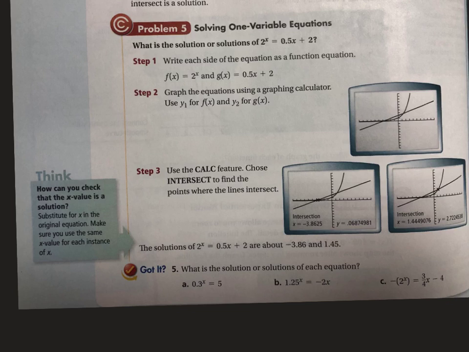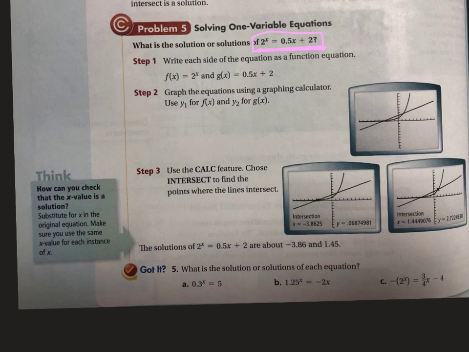As we take a look here, they give you an equation for solving one variable equations. And you'll see that they gave you an equation that looks like the one above. Now, the trick to this is not really a trick, it's the directions.